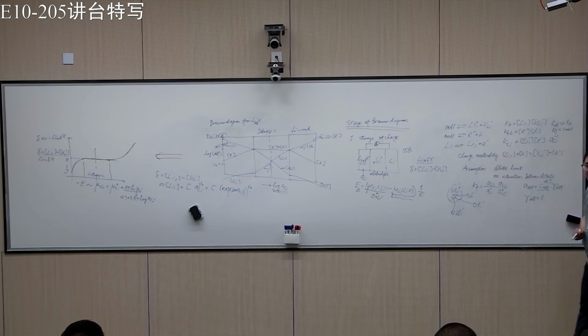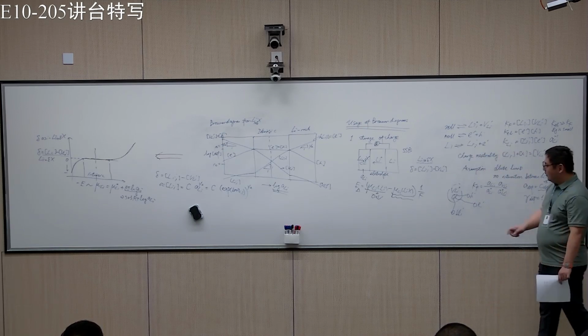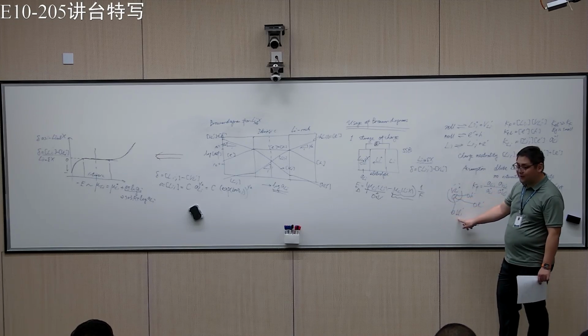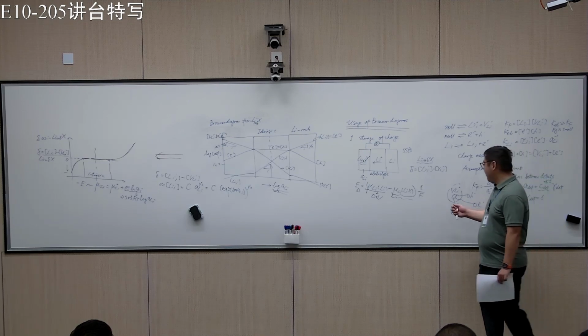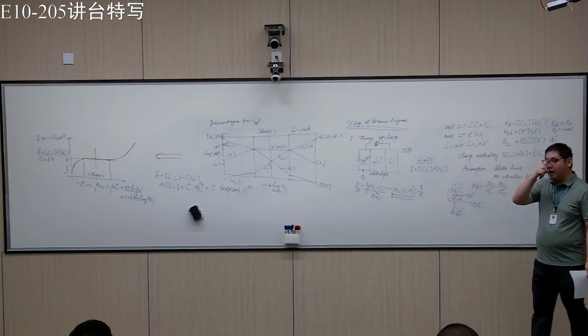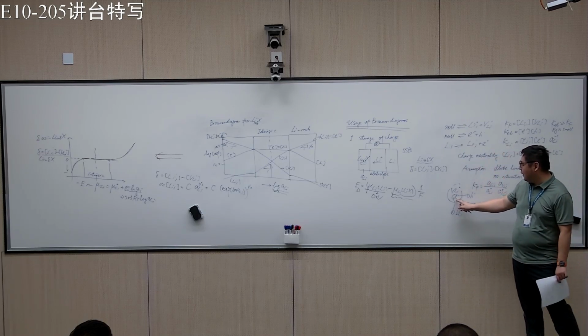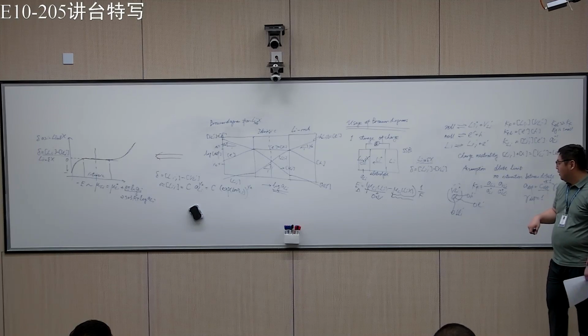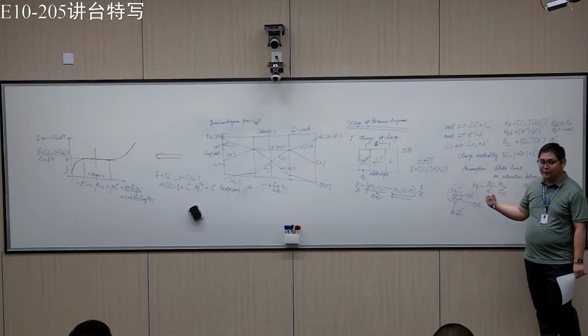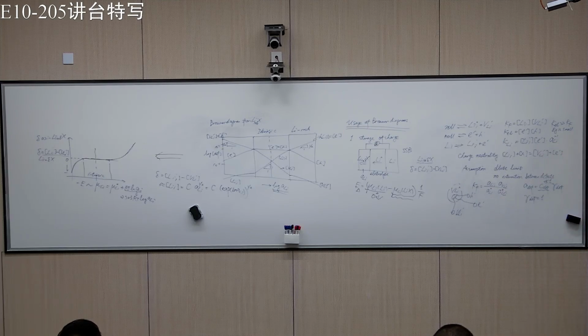The easiest way to imagine is that this is a negative charge, this is a negative charge. If you put two things closer together, you start to have the Coulombic interaction, right? So basically, you have to think about the electrostatic interaction between the defects. Or if you have negative charge defects and positive charge defects, they start to attract each other. So this kind of interaction makes this definitely not equal to 1.